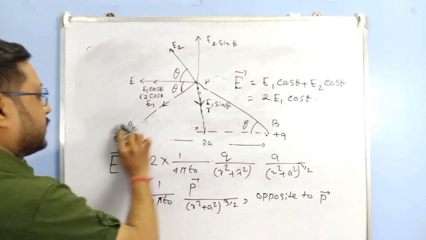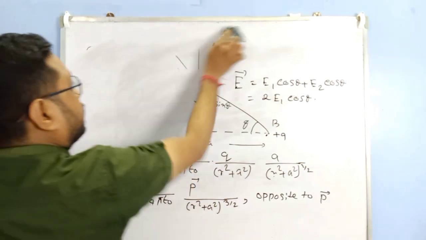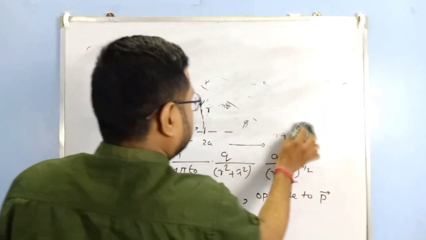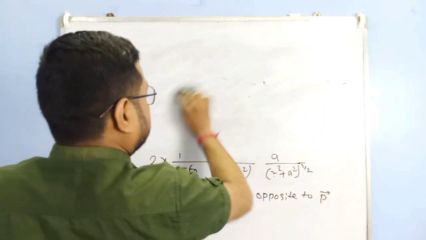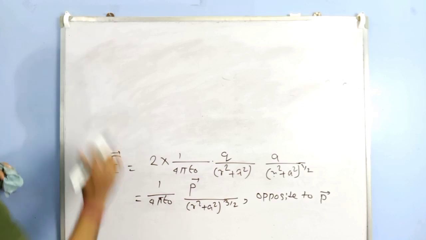So we can get the value of the resultant electric field E.